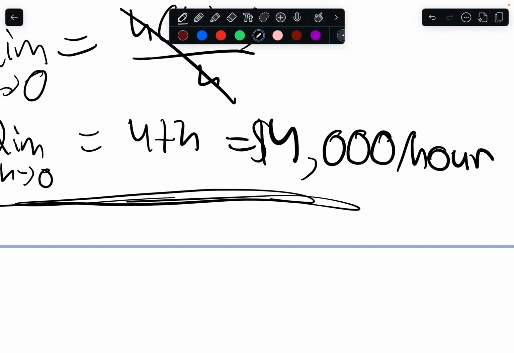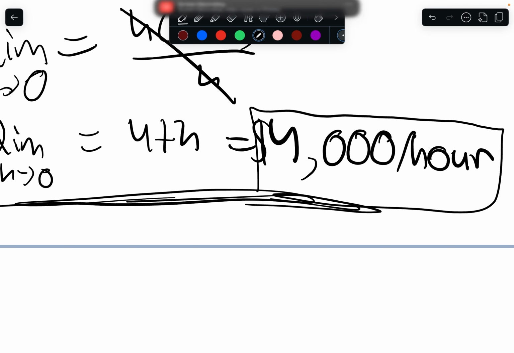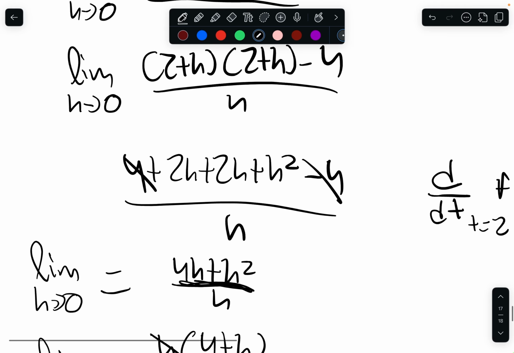So if you know that you're getting $4,000 per hour and you know that that's not really a great amount of money, you could use this to predict and estimate what furniture you could buy on the lower end, how many workers you could buy, and you could do that on the lower end too. And you could do so much with this in terms of planning out and budgeting just with this. That's why derivatives are so useful.